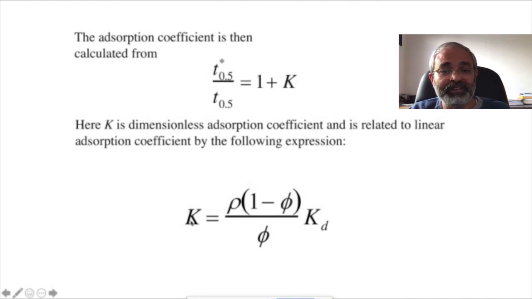So your non-dimensional adsorption coefficient is equal to rho multiplied by (1 minus phi) divided by phi, multiplied by KD, where rho is the density of the sediments and phi is the porosity of your sediments. And so this is the sediment that is inside your reactor. So once you have those values, you can calculate your KD value from there.